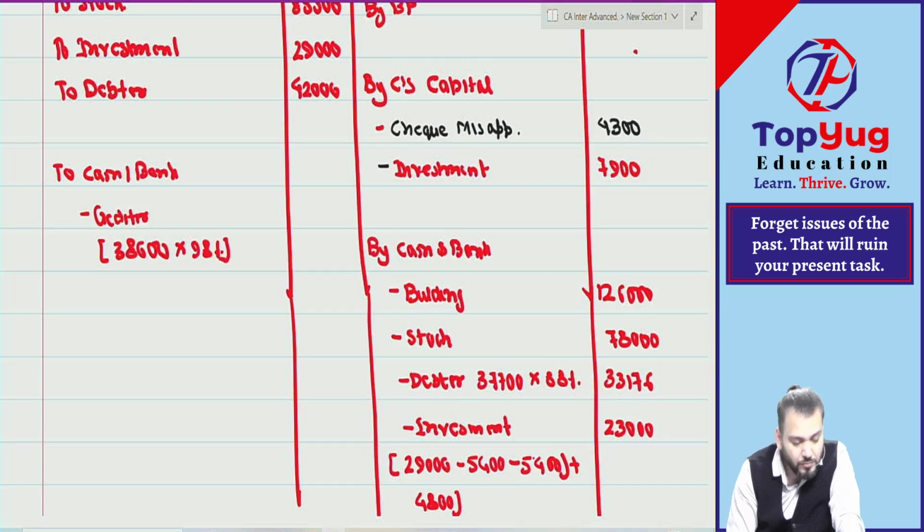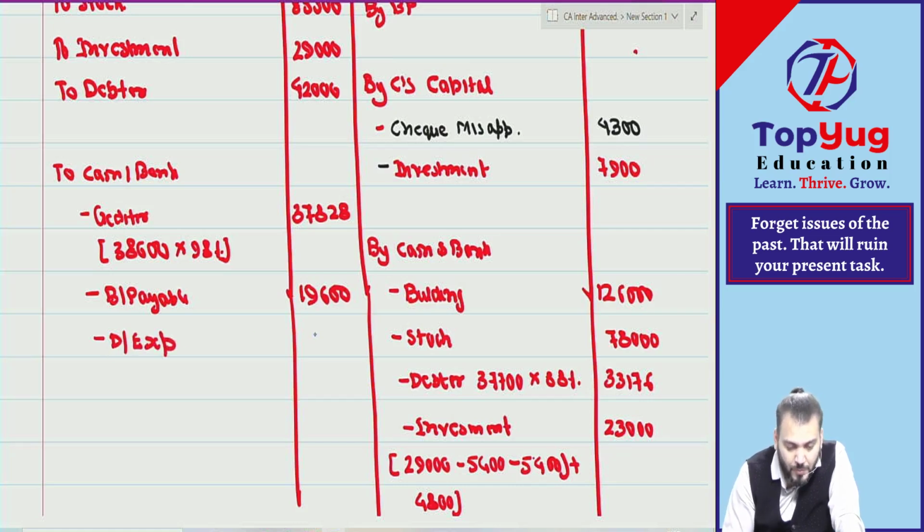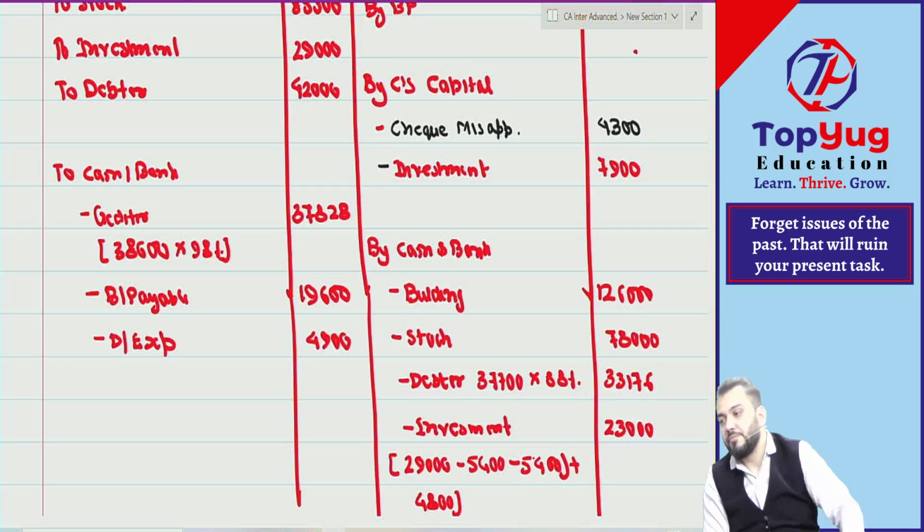How much? 37,828. And then there was bills payable. Bills payable, how much amount paid? 20,000, 400 less, 19,600. Then there is a dissolution expense. How much dissolution expense? 4,900. Done, done.